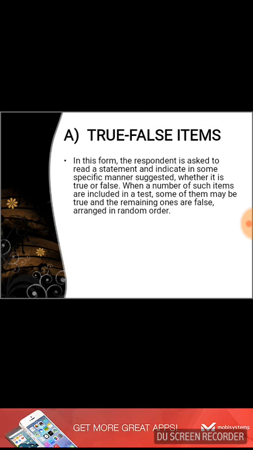True false item. In this form, the respondent is asked to read a statement and indicate in some specific manner whether it is true or false. When a number of such items are included in a test, some of them may be true and the remaining ones false, arranged in a random order.